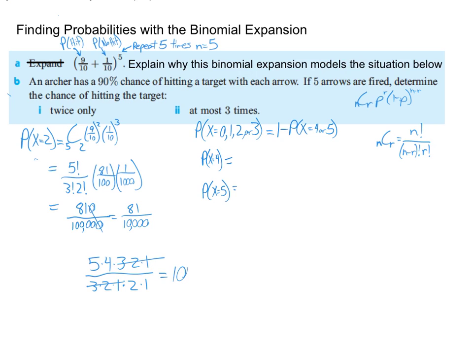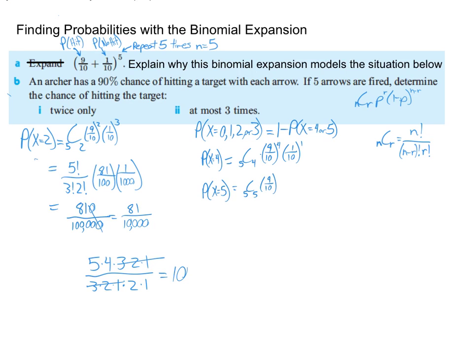No. Only the 4 and 5 will subtract from 1. Yeah, their answer will subtract from 1. Okay. So here we've got 5 choose 4 times 9/10 to the 4th power times 1/10 to the 1st power. For x equaling 5, it's 5 choose 5.